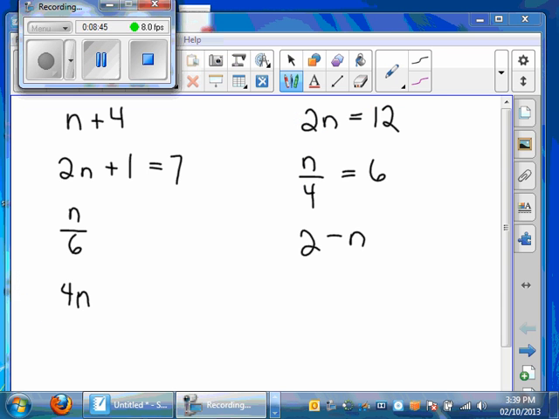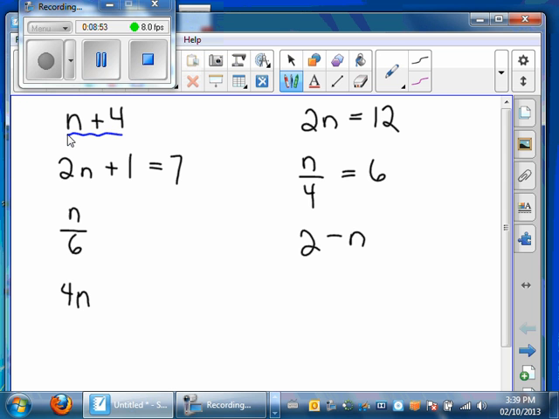Okay, I've given you some examples here so we can start to see the difference, what an equation versus an expression looks like. So first thing we do is we just look at it and say, okay, well, it's n plus 4. And since there's no equal sign there, we automatically know that this is an expression. Okay? And we look at the next one here, we say 2n plus 1, and clearly there's an equals, and there is something that it's equal to.